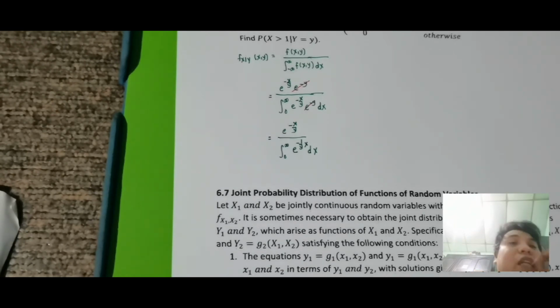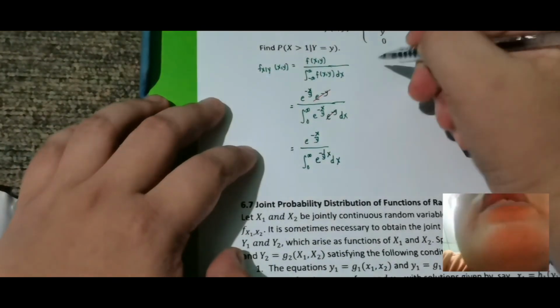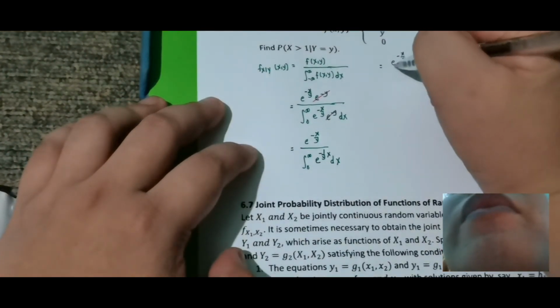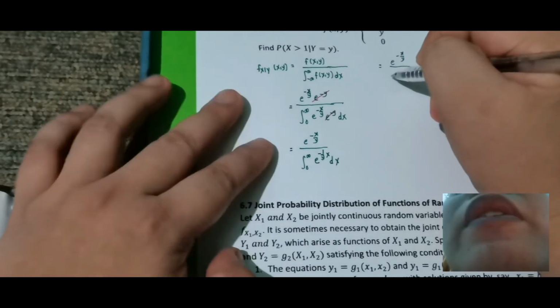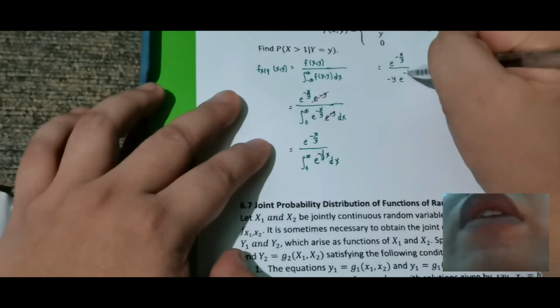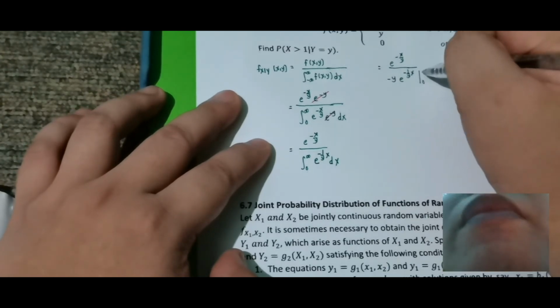Actually, alam ko ganun eh, magiging negative y siya sa ilalim. So this is just e raised to negative x over y all over negative y, then copy pa rin si e raised to negative 1 over y x. Tapos yung boundary natin is from 0 up to infinity.